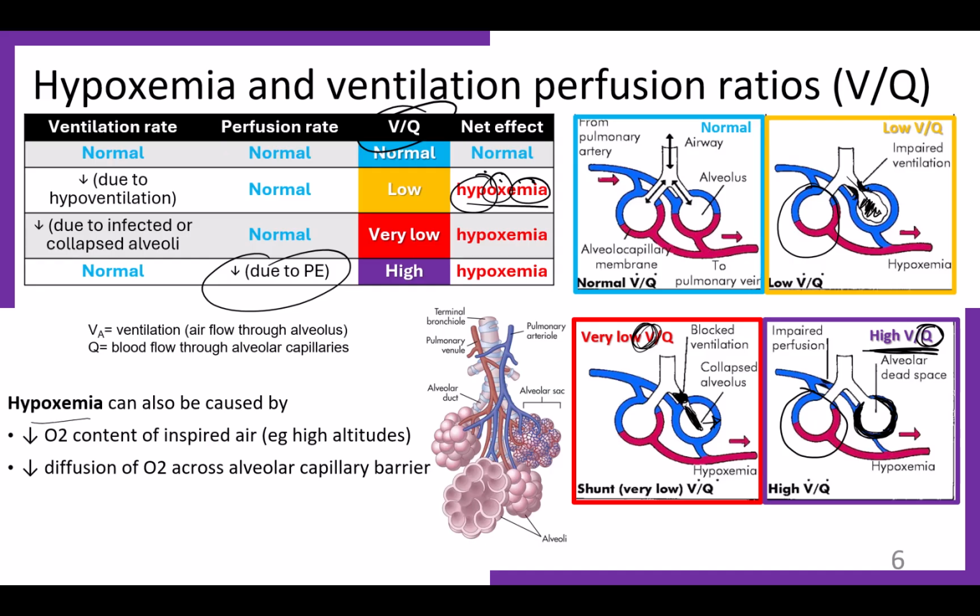Hypoxemia can be caused by either a low oxygen content of the air coming in, as is the case in high altitudes, or that the diffusion of oxygen across the alveolar capillary barrier over here is hindered, or you've got less air going in, or you have less blood going into the pulmonary capillaries.